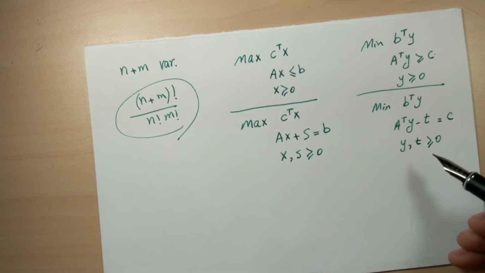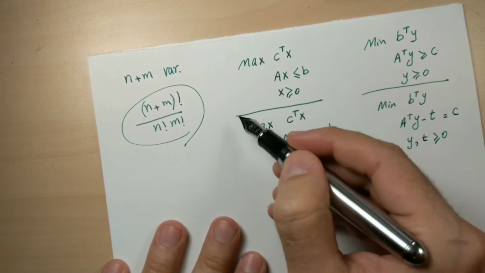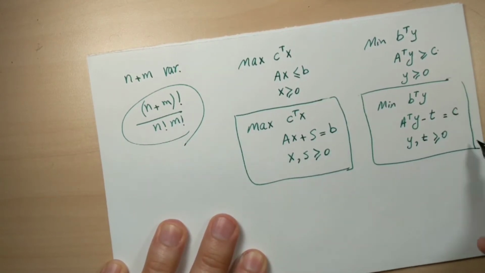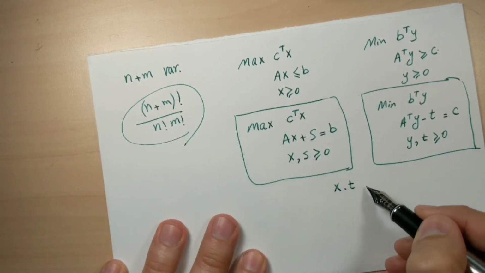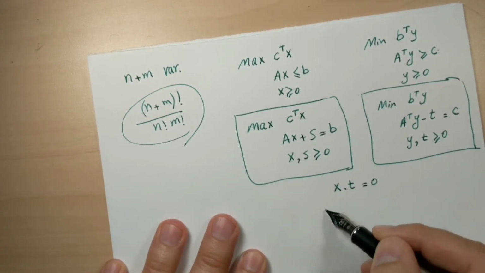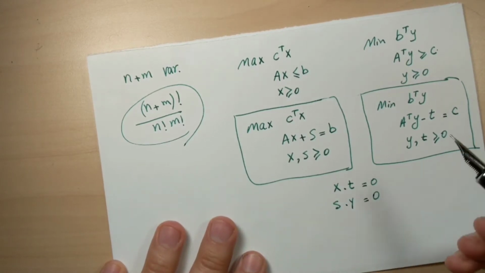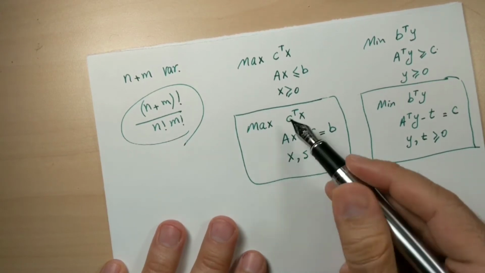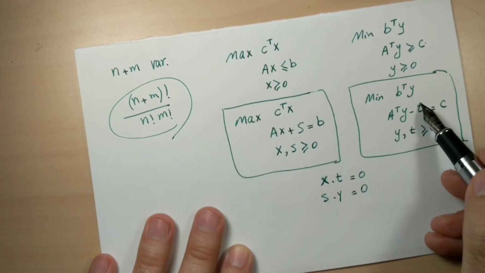There is a complementary slackness relationship between these two problems, and it's this: the multiplication of x and t equals 0, and the multiplication of s and y equals 0. For every variable x here, we have one constraint, and for any constraint we have a t.